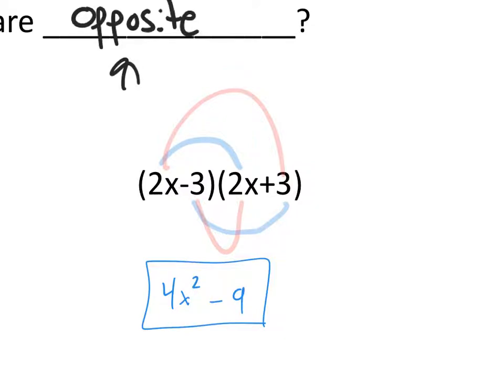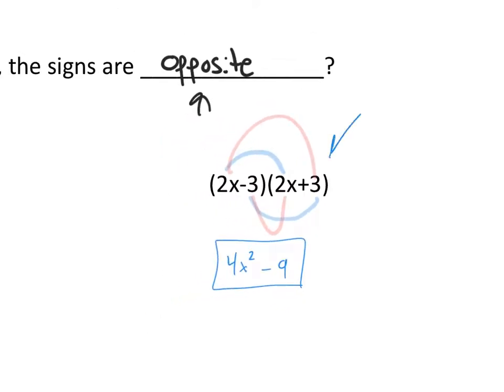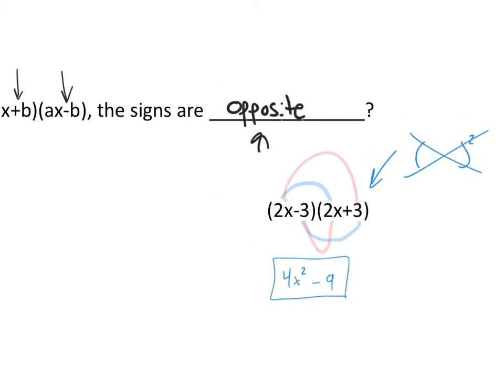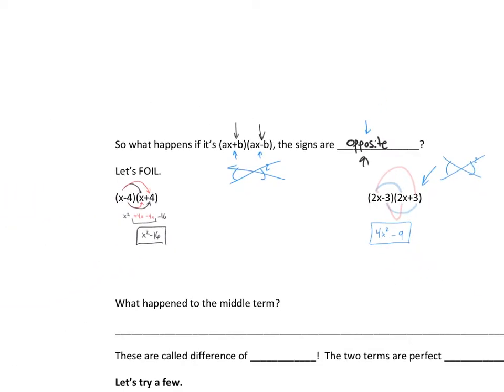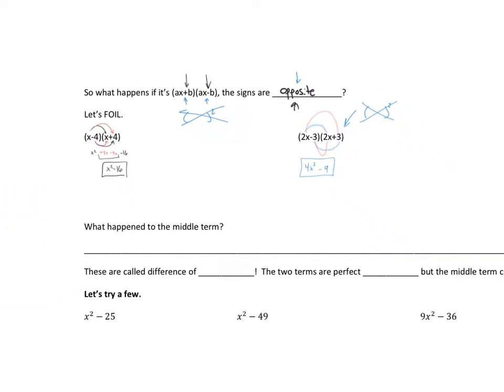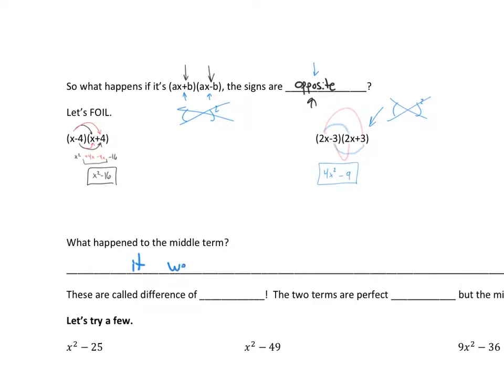Now, notice how these didn't start off in a squared form because the signs are opposite. And when the signs are opposite, there's no way to express it down to the same thing twice because they're different. What happened to our middle term? It went away due to the opposites.